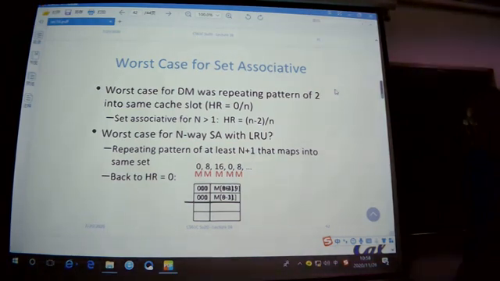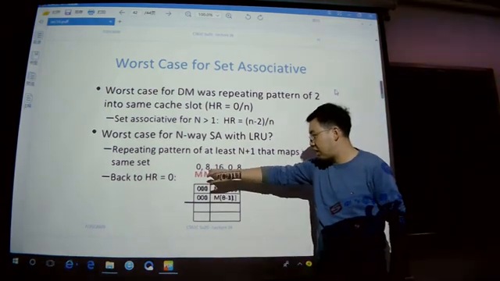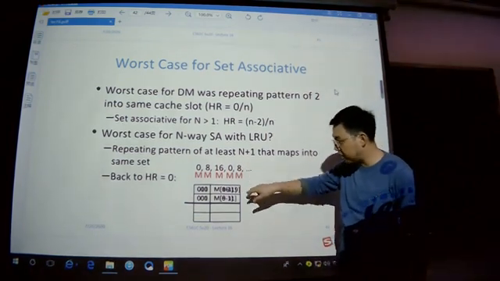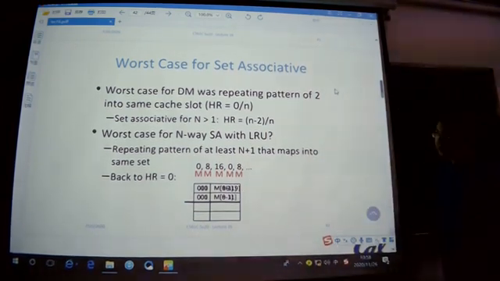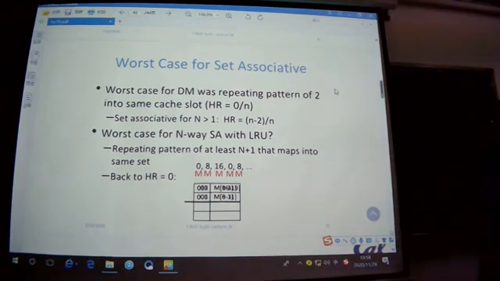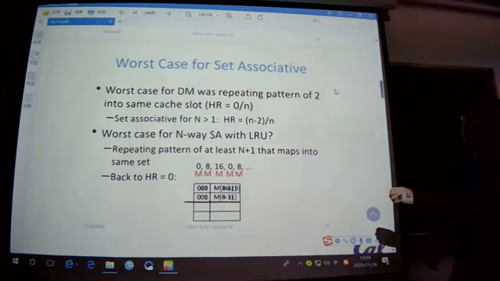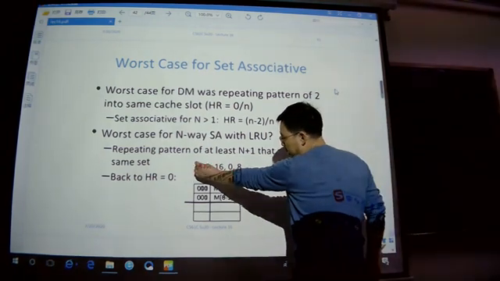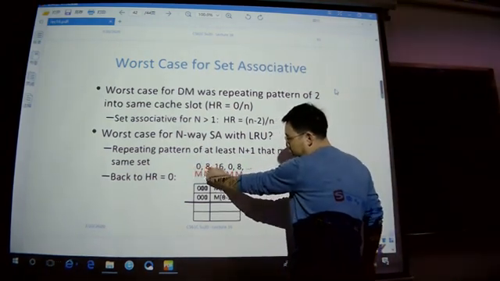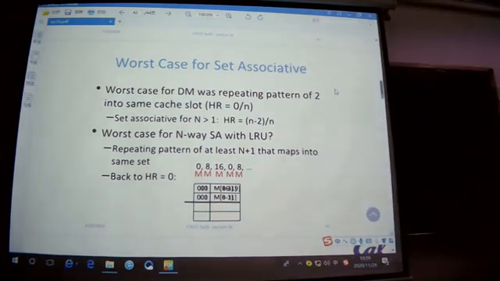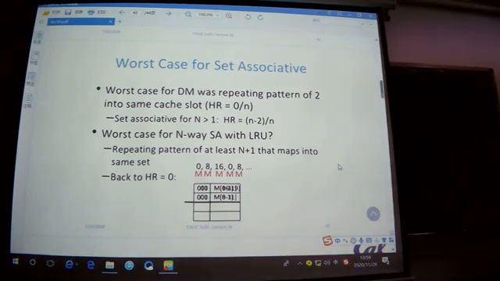We can find 0, 8, 16, 0, 8, 16. If we have the worst case, we have miss and miss because the distance from 0 to 8 and 8 to 16 is too far. So this is the worst condition.